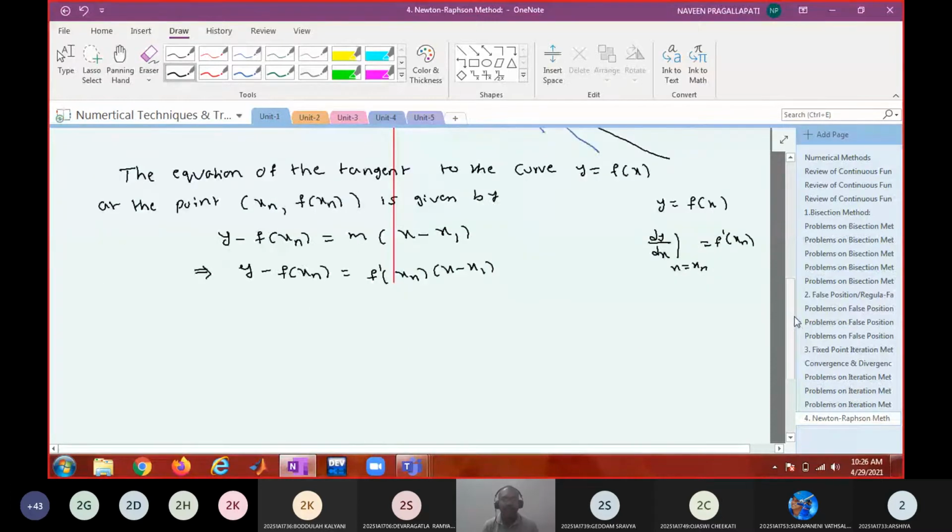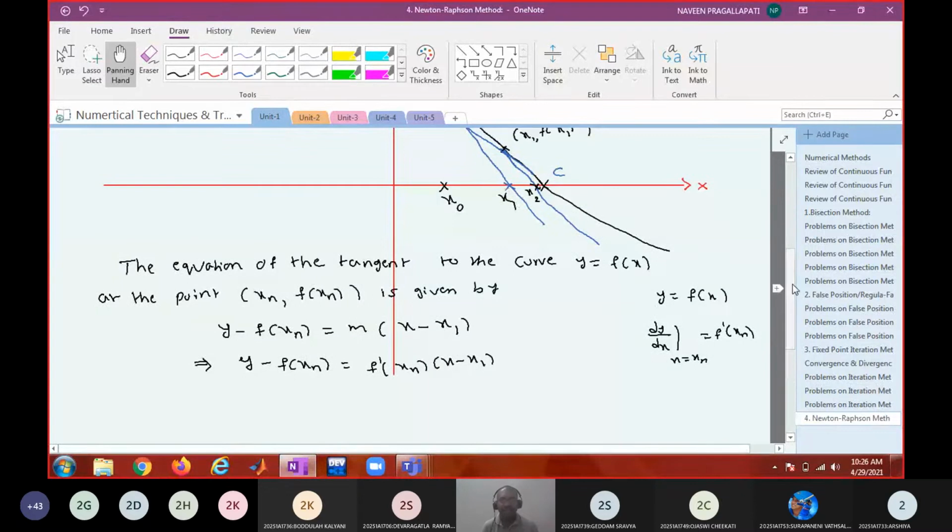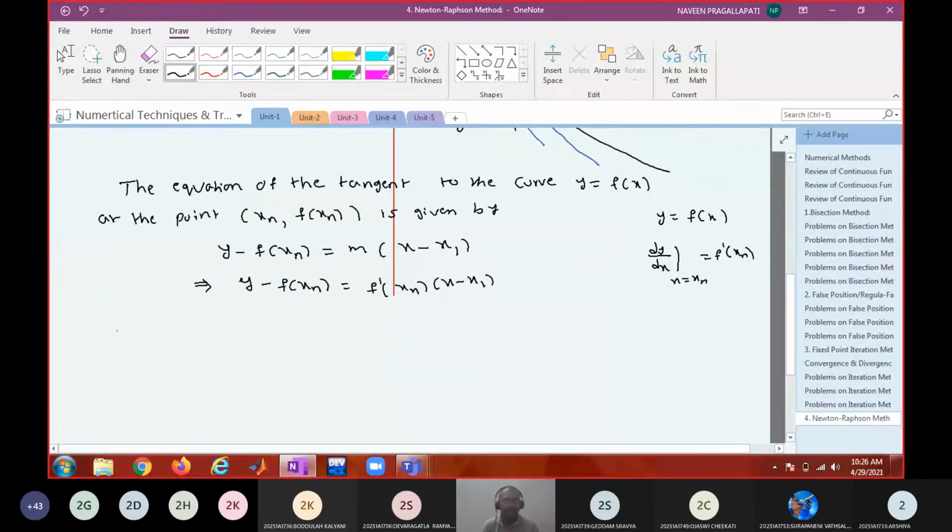Now what do we want? We want the x value when y equal to 0, because we want to find out the point of intersection of the tangent with the x-axis. So y equal to 0 implies, x minus xn. Sorry, this is xn. I'll write one more step.